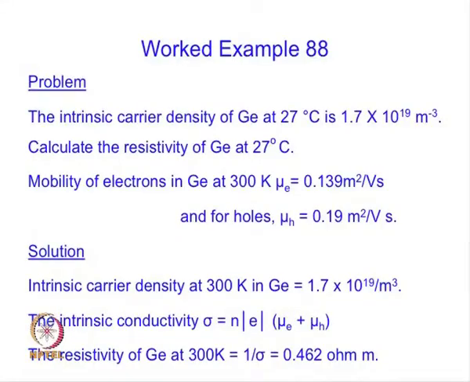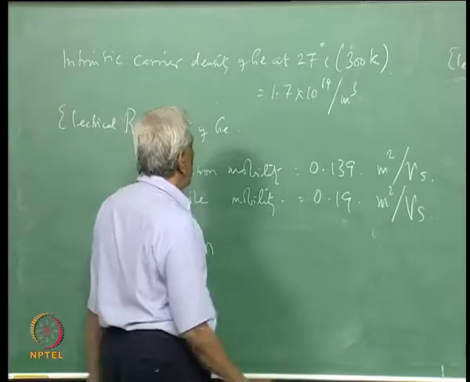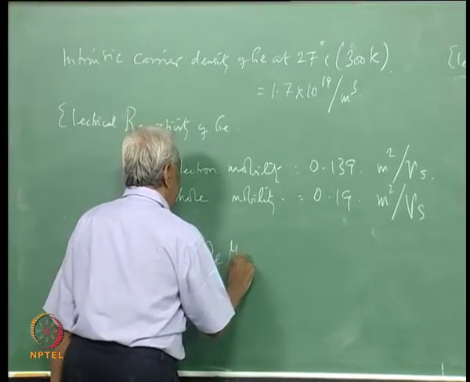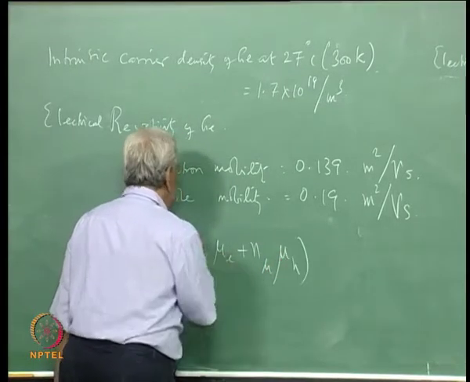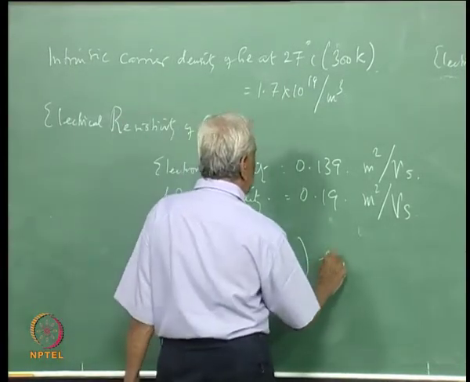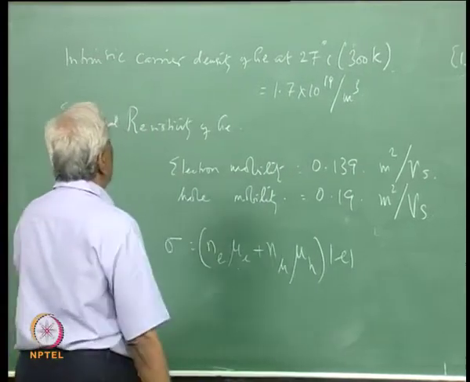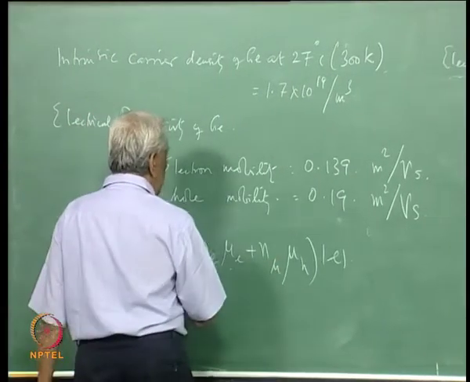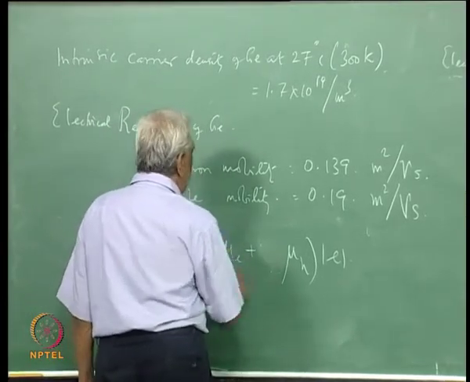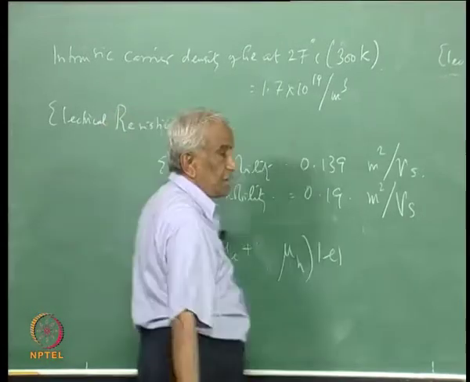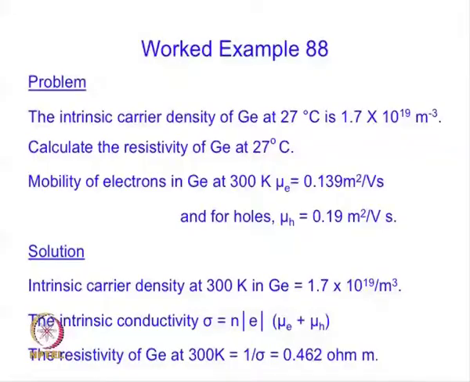Therefore, with this we can write the usual conductivity formula, where of course, N e and N h are the same, therefore, we need not even write this like this, where N is the common concentration.